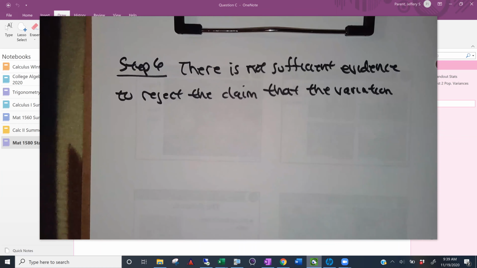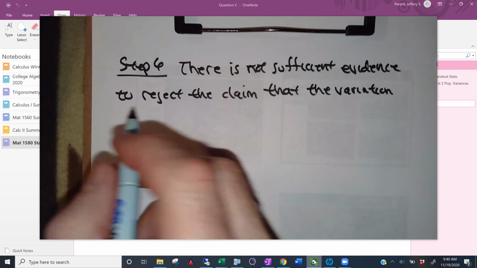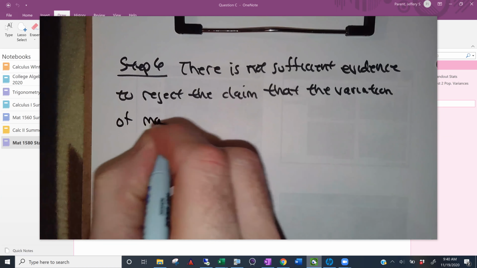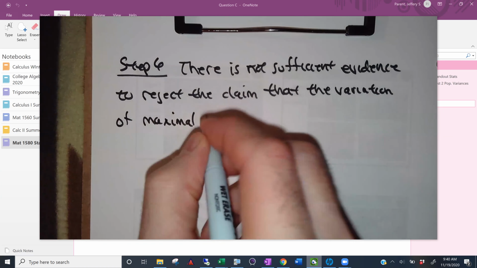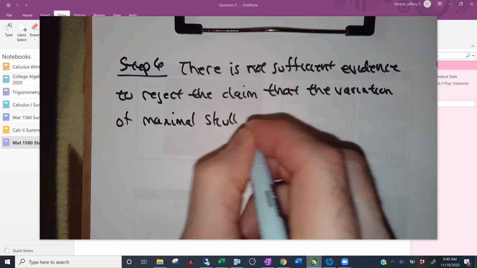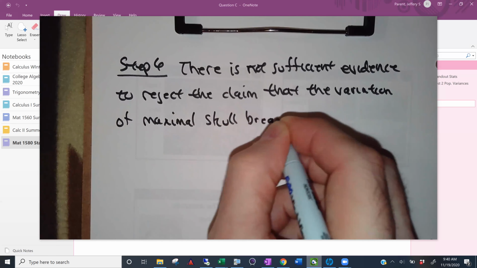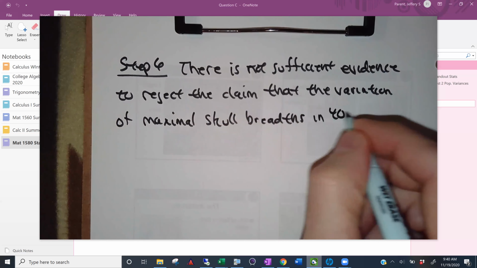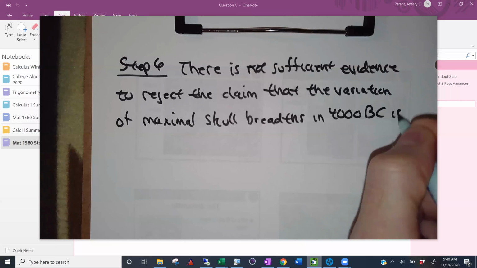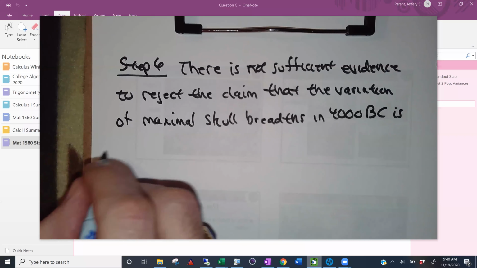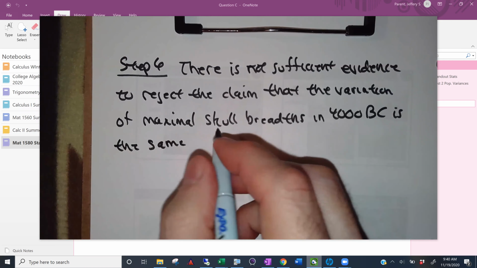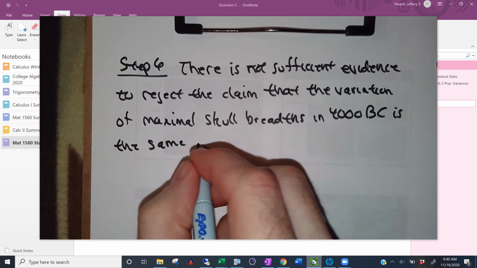So there's not sufficient evidence to reject the claim that the variation of maximal skull breadths in 4000 BC is the same as the variation in 150 AD.